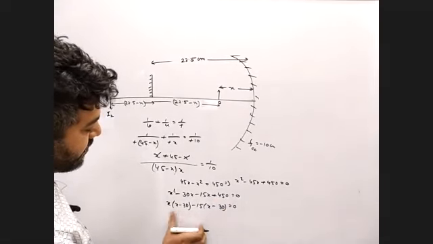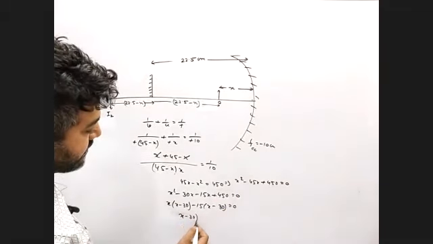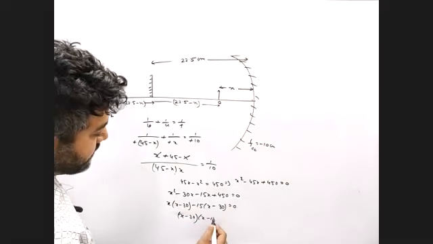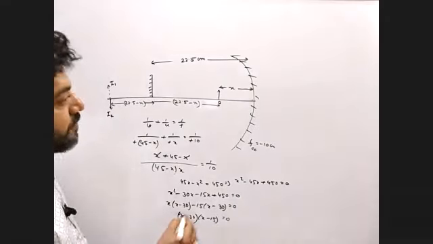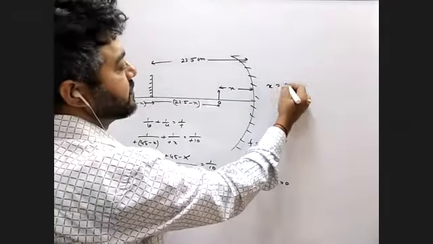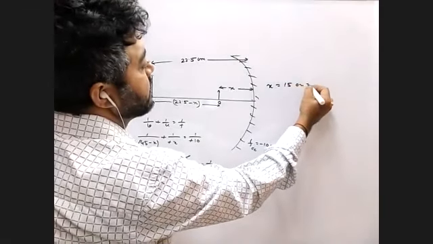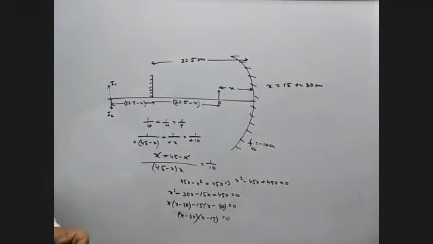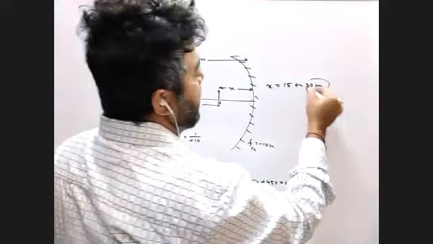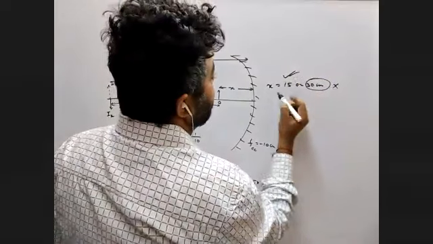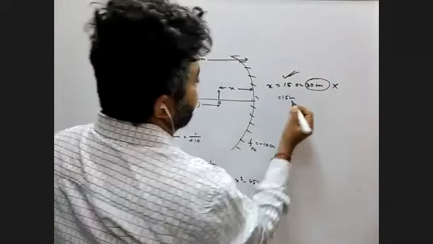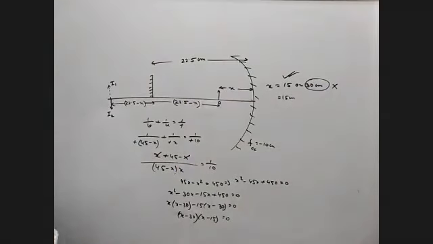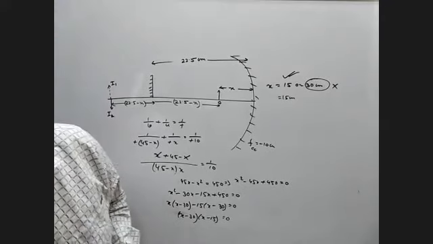So x minus 30, x minus 15 is 0, which means x equals to 15 or 30 centimeter. Now see, 30 centimeter is not in between this, so this is not the answer. So the answer is 15 centimeter. Is it okay, everyone? Yes, sir.